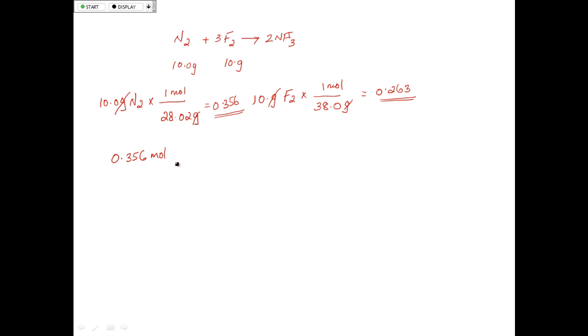How do you calculate that? Multiply this by the mole ratio between fluorine and nitrogen. Which one goes on the top, which one goes on the bottom? Fluorine, because that's what you are looking for. So that number goes on the top. So 3 moles of fluorine per 1 mole of N2. Oh, this is moles of N2.